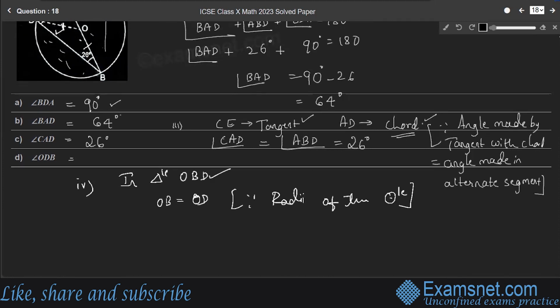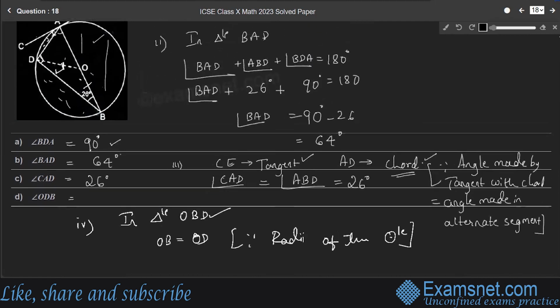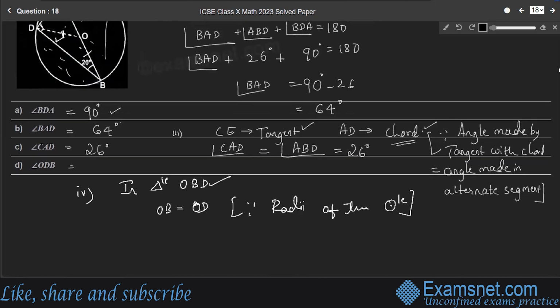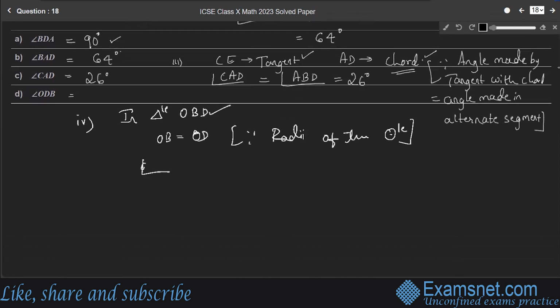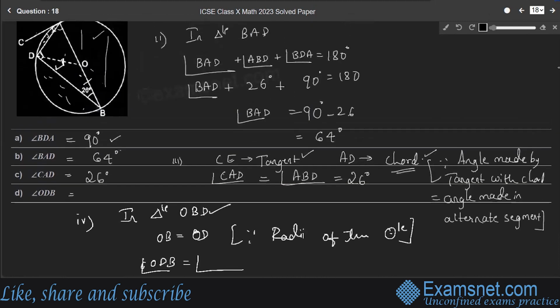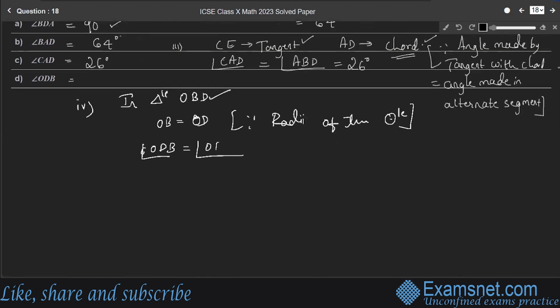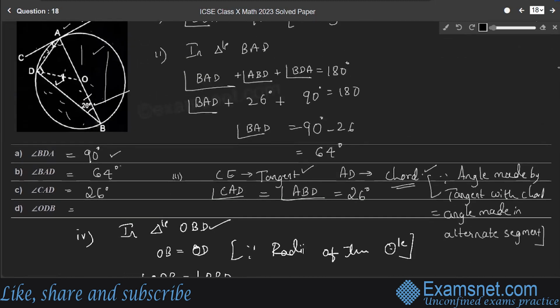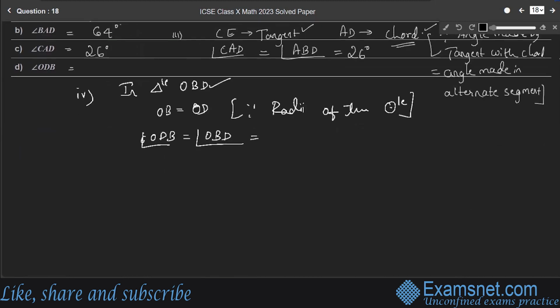In any triangle, if two sides are equal, their opposite angles are also equal. Therefore, the angle opposite to OB is ODB, and it is equal to the angle opposite to OD, which is OBD. OBD is nothing but ABD, so it is 26 degrees.